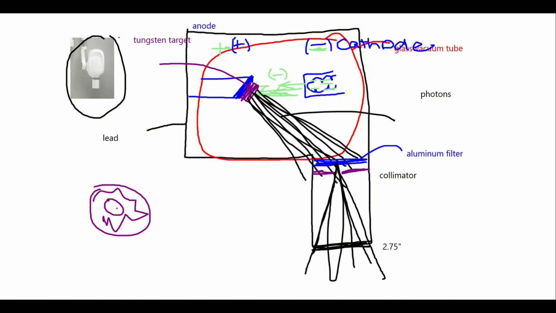Okay, so the hole is the right diameter that allows the radiation to come through. So the radiation is restricted to this width of 2.75 inches.